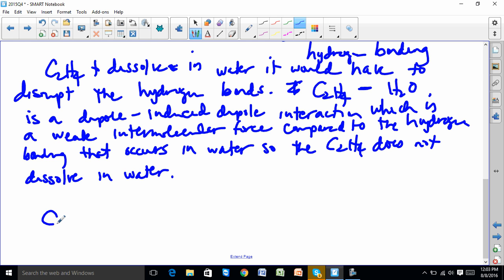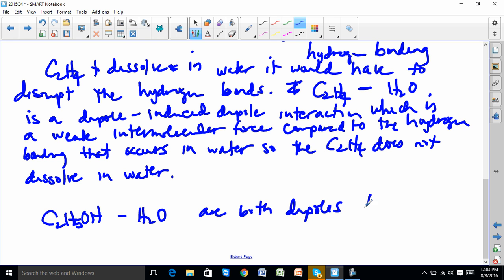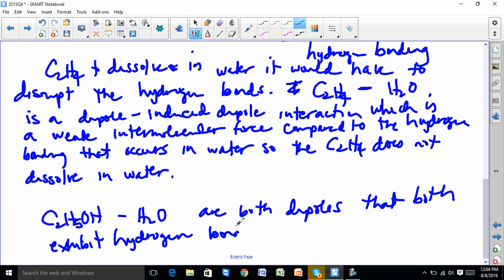Okay, now C2H5OH and water are both dipoles that both exhibit hydrogen bonding. They both have hydrogen bonding. So interesting. What's tricky about this problem is there's hydrogen bonding going between water and water, because remember, hydrogen is connected directly to oxygen.